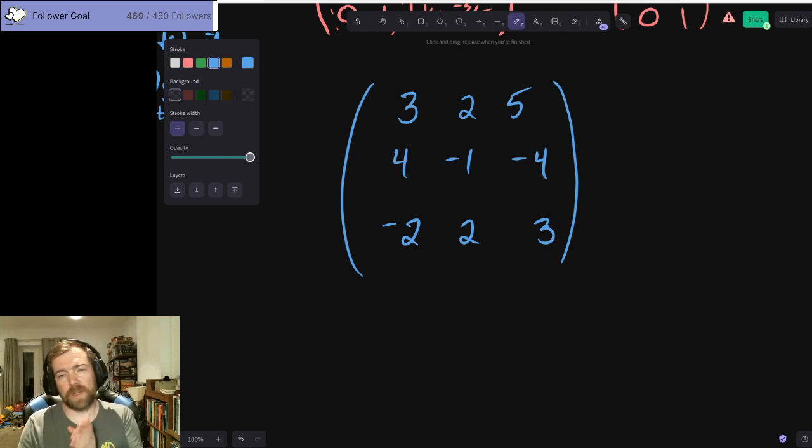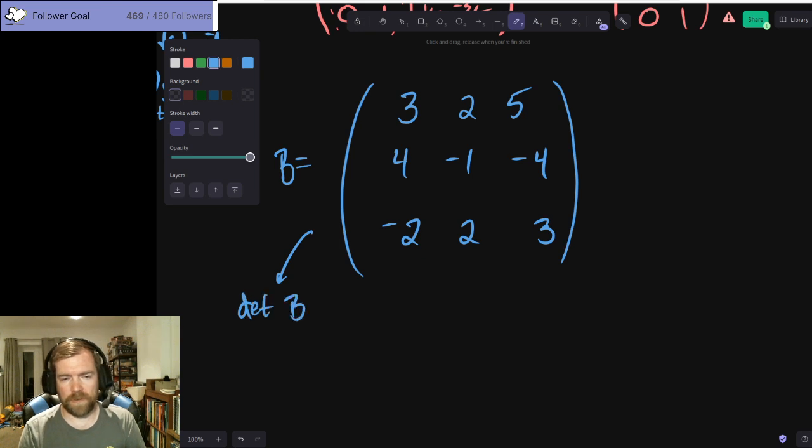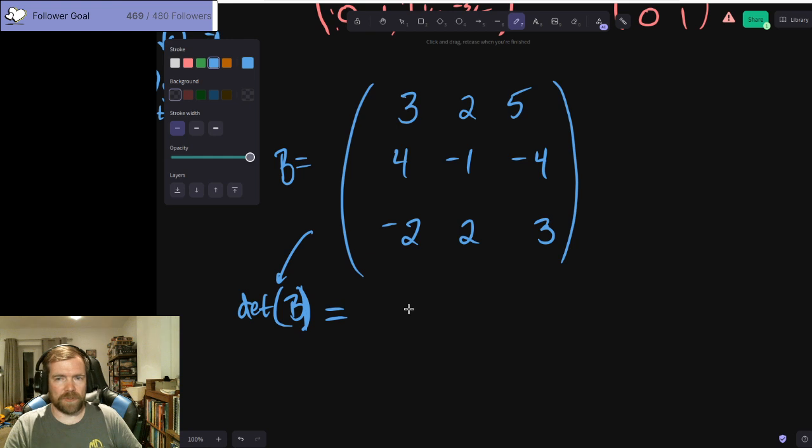Okay, so if we have here matrix B, and if we want to know what is the determinant of B, the way to do this always gets a little bit tricky, and a lot of people hate it a lot.